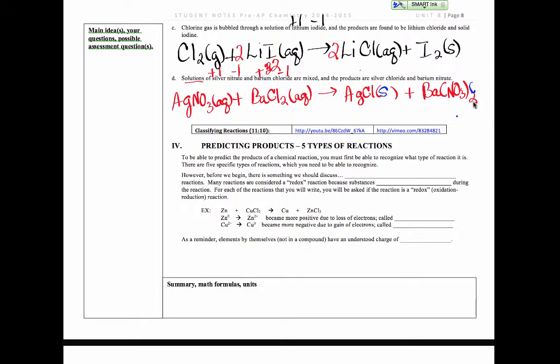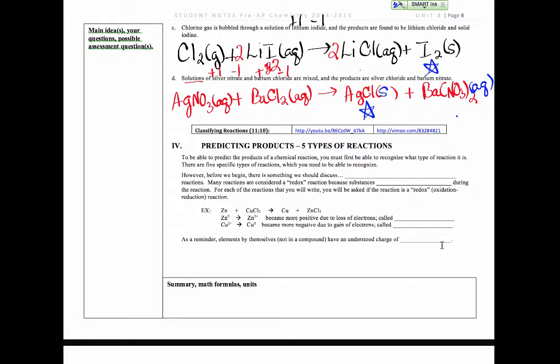So that is a solid. And all nitrates are soluble without exception, so I know my nitrate is aqueous. So this is what we call the driving force for the chemical reaction to occur. This formation of iodine in the one above would be the driving force for that chemical reaction to occur.